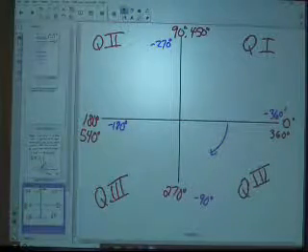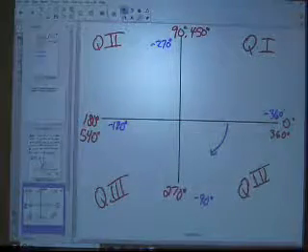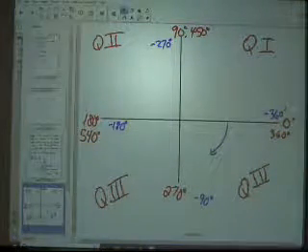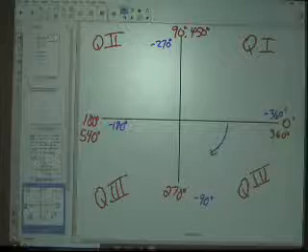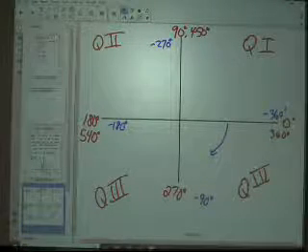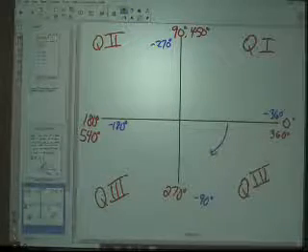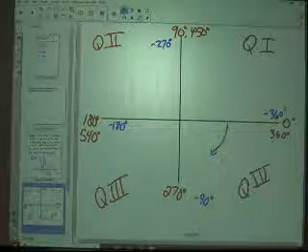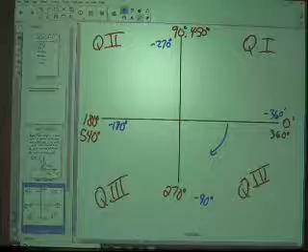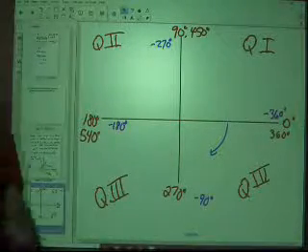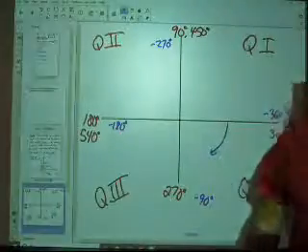Let's see, what was one that I picked out earlier? In what quadrant is 1050? 1050. Quadrant 5. Okay, let's talk about it real quick, okay?